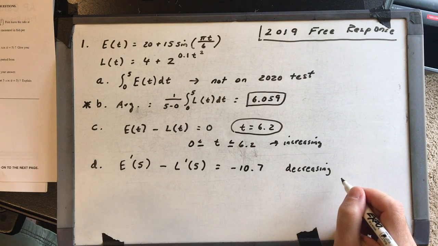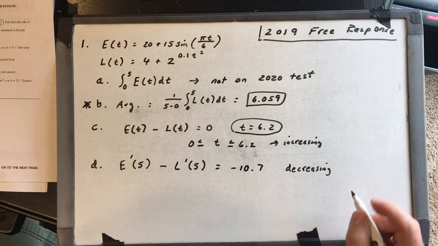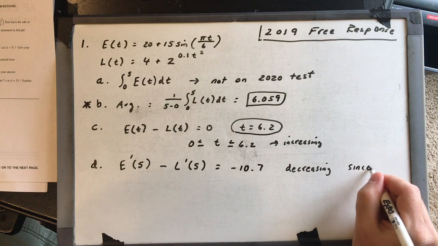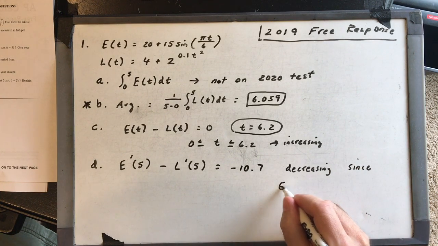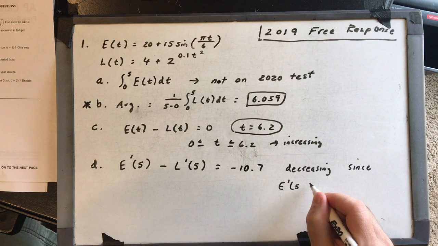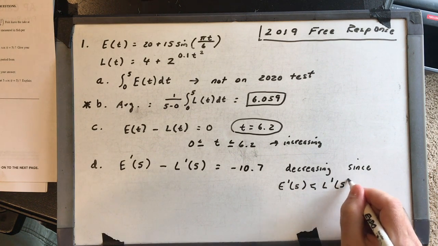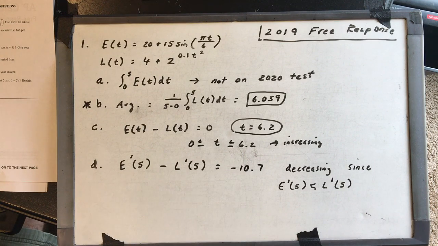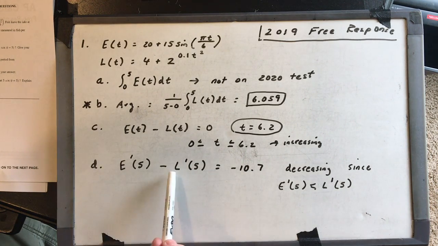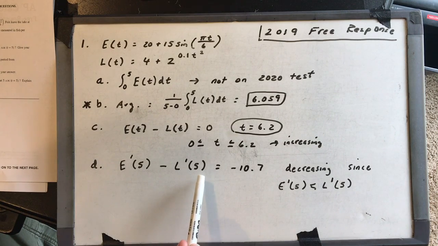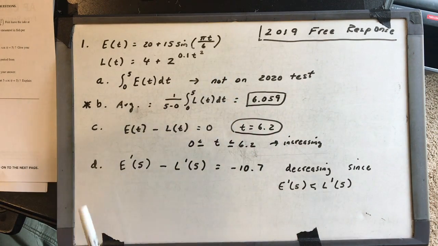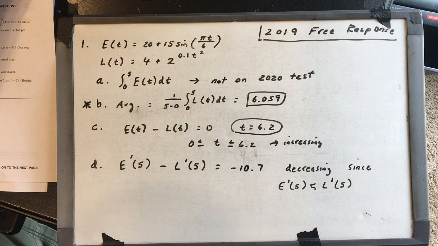So the rate of change in number of fish is decreasing since E prime of 5 is less than L prime of 5. Again, that would be fair game on the 2020 test. They're just going to be giving you easier functions to deal with if they gave you one like that.